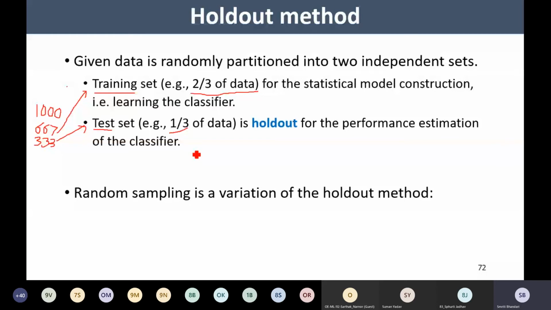So while partitioning, we need to take care that whenever we say we are randomly picking up the samples, we make sure that my training data set comprises samples belonging to all the classes present in my data set, and similarly the testing data set should also have samples belonging to all the classes. Otherwise the performance evaluation may not be correct.